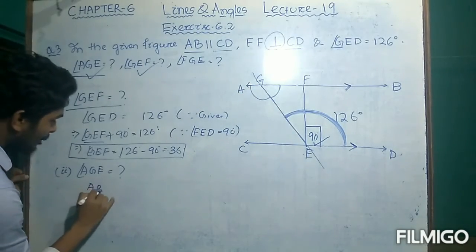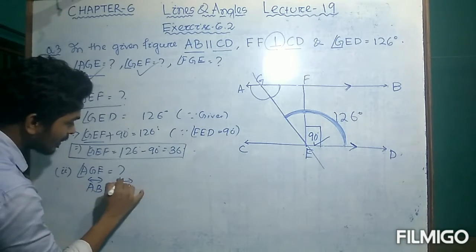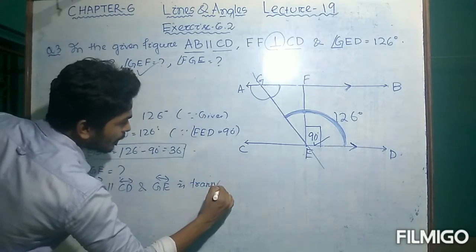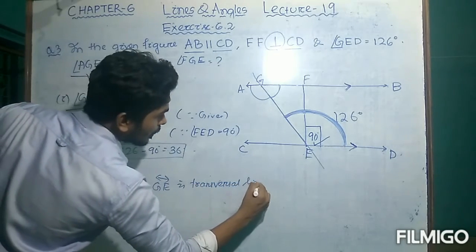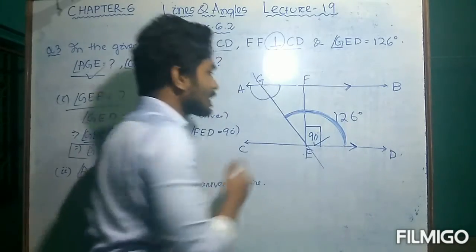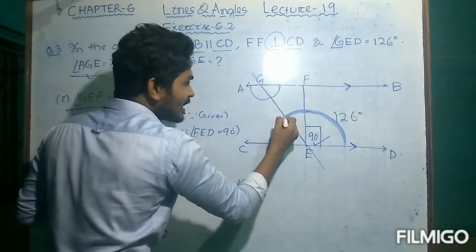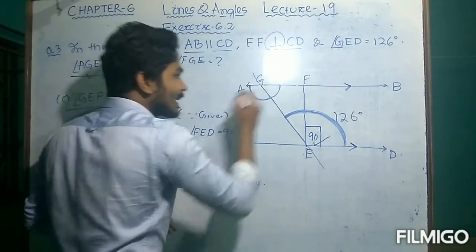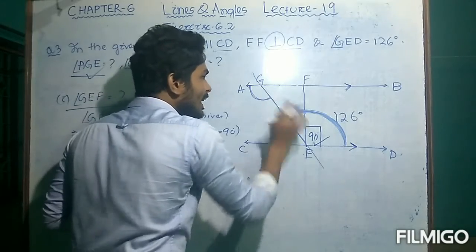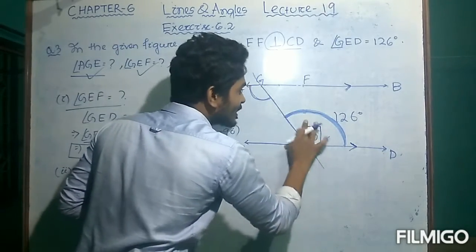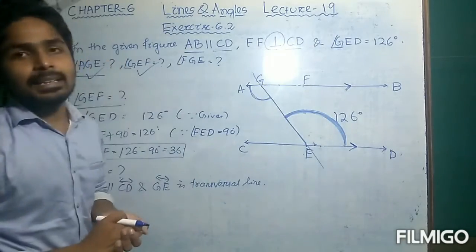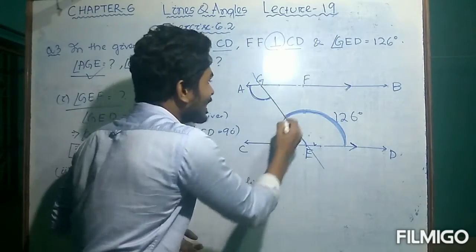So AB is parallel to CD and GE is transversal. Now consider these two lines parallel and this is the transversal line. Forget about everything else, forget about EF, forget about this angle. Only consider these two lines and this transversal. Then tell me, what is the relationship between this angle and this angle?